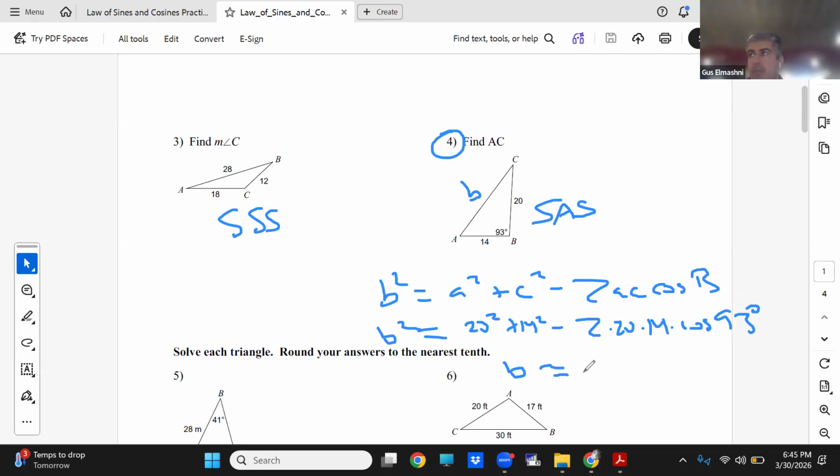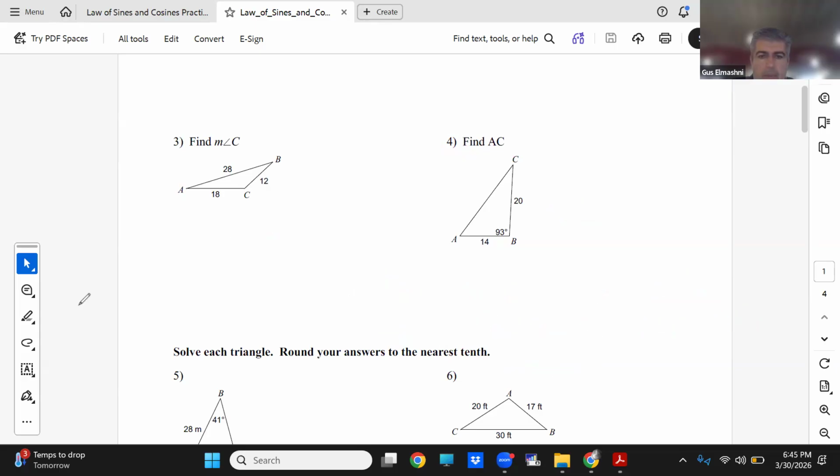And then you solve for side B. Okay. So that's another approach you can take. But I think we ended a little early today. I think we've accomplished what we need to do.